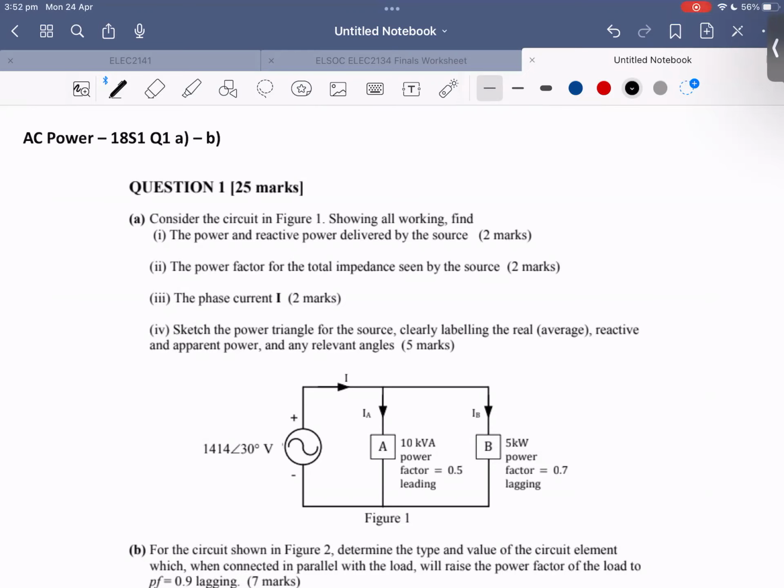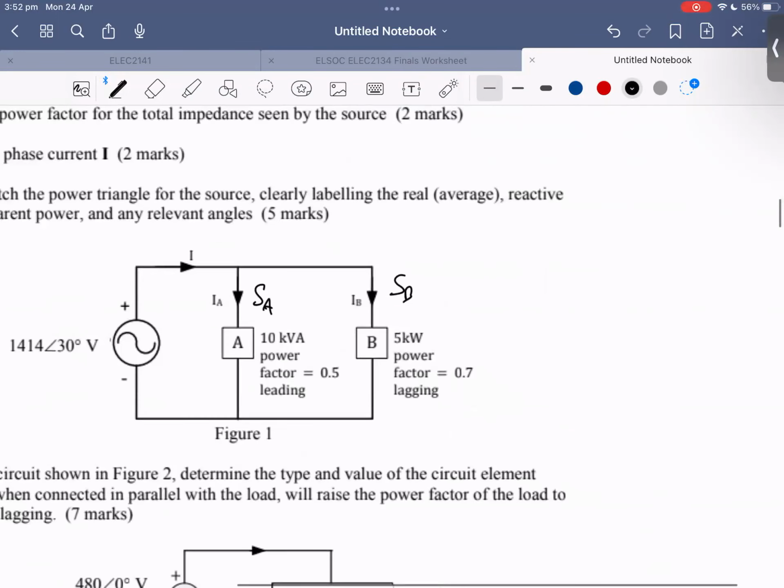So we've got two loads that are connected in parallel here, A and B. If you think about the complex power, SA and SB, what happens is the average powers add up and the complex powers also add up. So essentially you end up with S total equals SA plus SB.